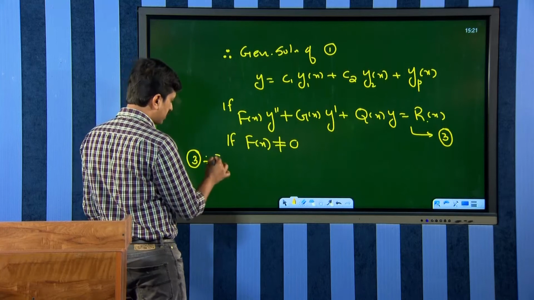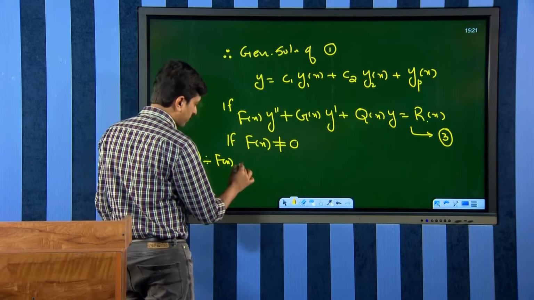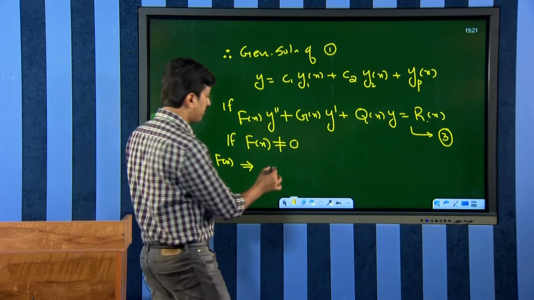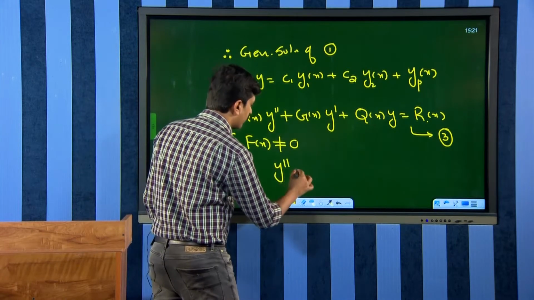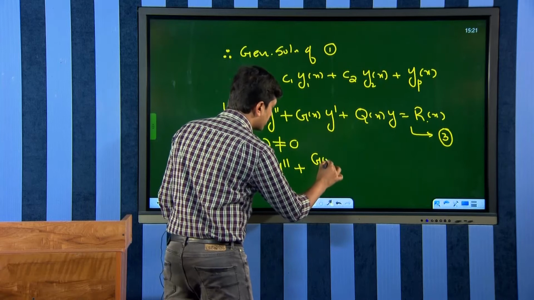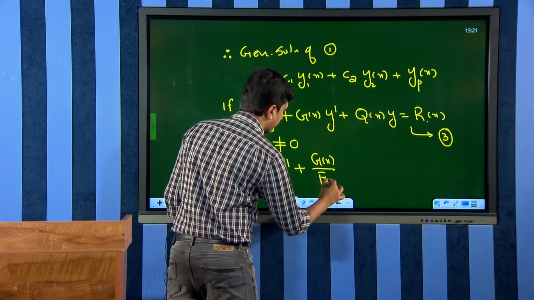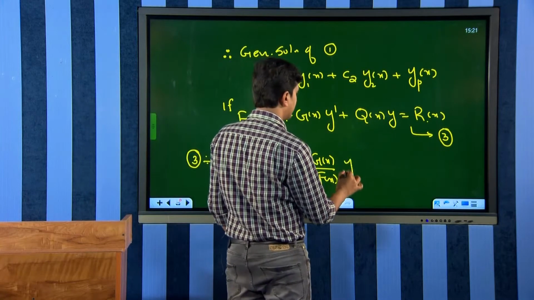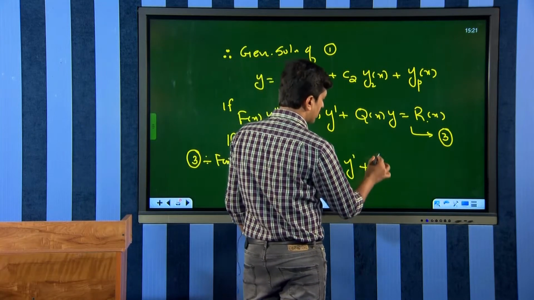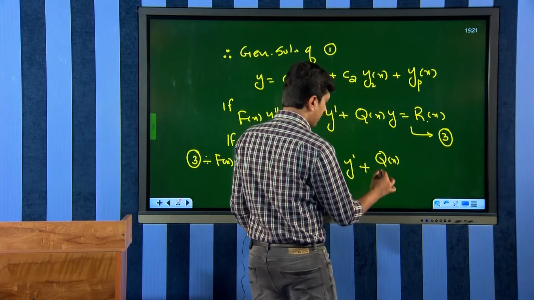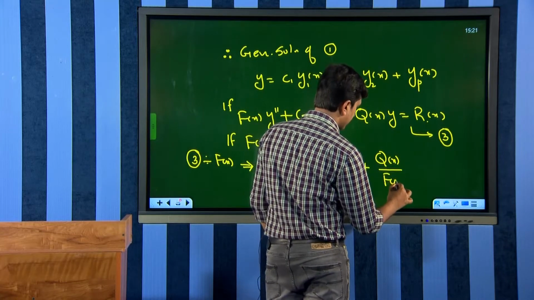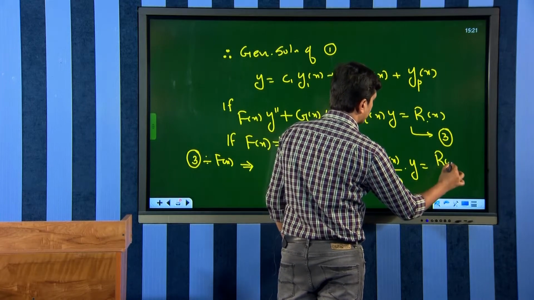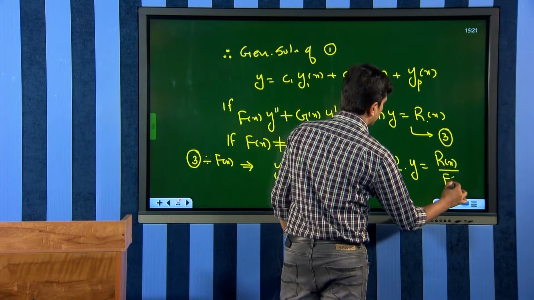Therefore, we will have the differential equation as y double dash plus g of x divided by f of x, if f x is never 0, into y dash plus q of x divided by f of x into y is equal to r of x divided by f of x.